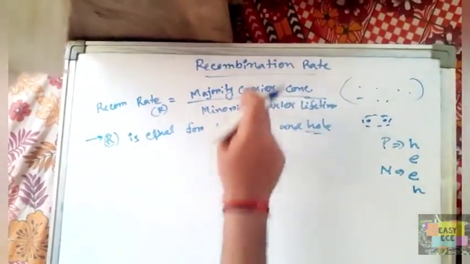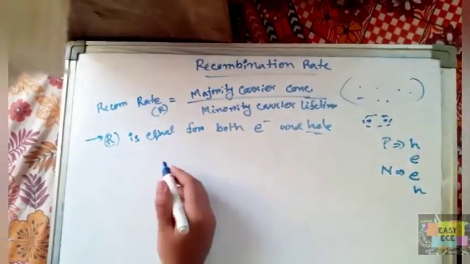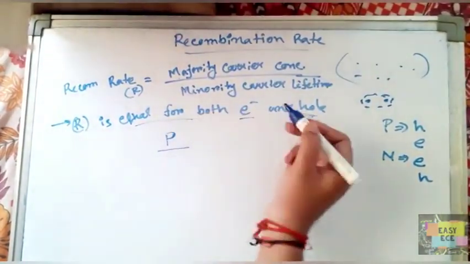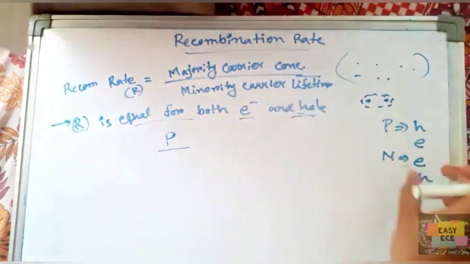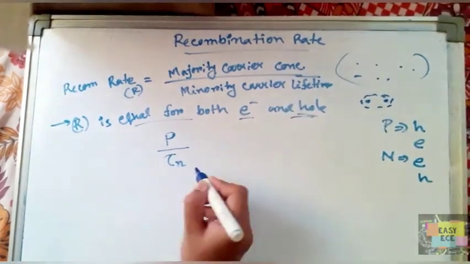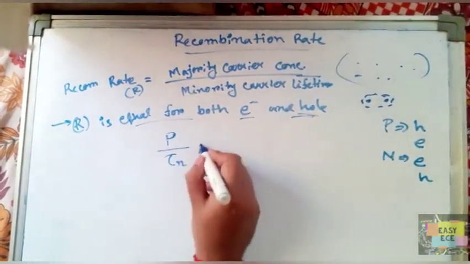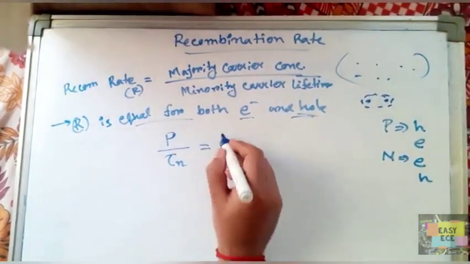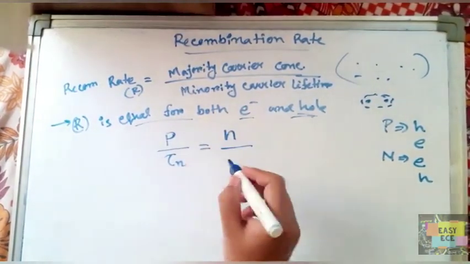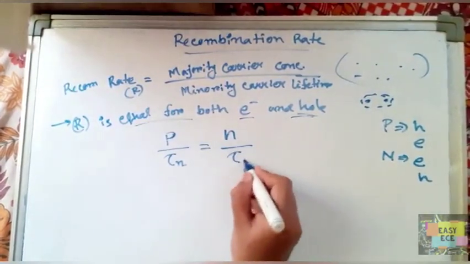For this equation, on the left side, we denote hole concentration p divided by the minority carrier, which for an n-type semiconductor is obviously electron, so the lifetime is tau n, the electron lifetime, equals, on the right side, the concentration n, the majority carrier, divided by the hole lifetime, since the minority carrier is hole.